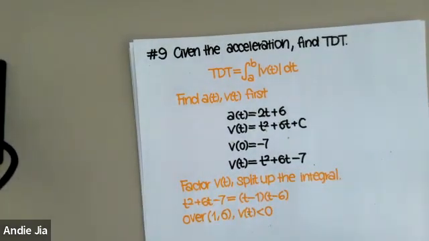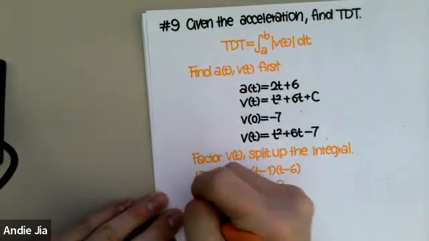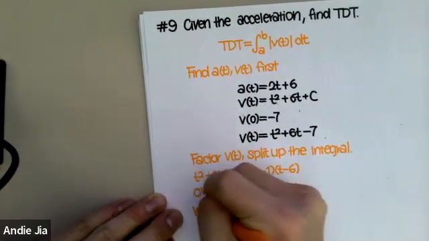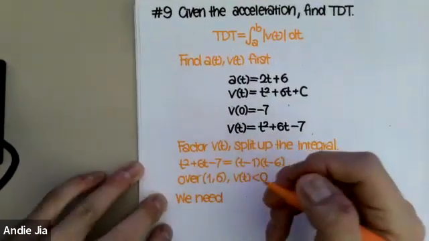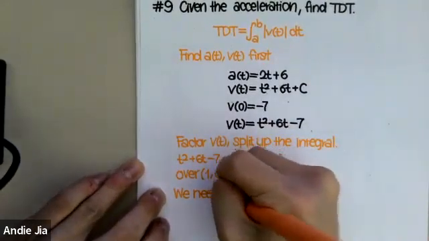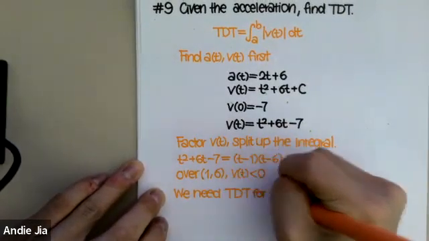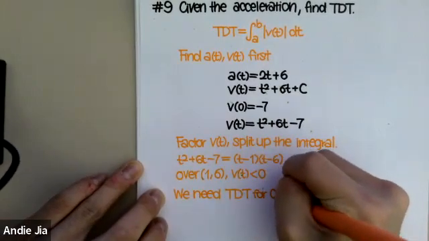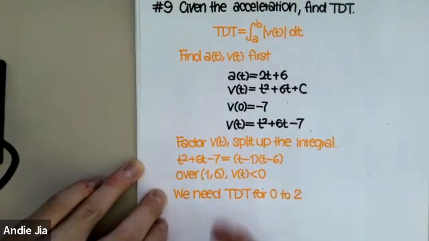And we need to find the total distance traveled from 0 to 2. We need TDT from 0 to 2. We need to split up at t equals 1.